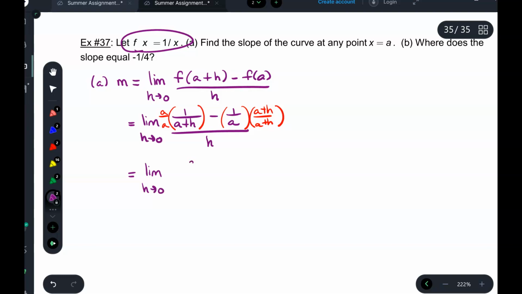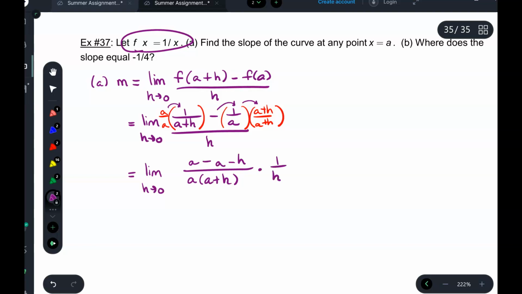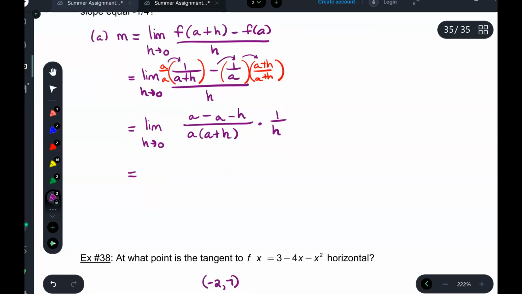If I multiply that out, I'll get a, and then if I multiply this next part, I'll have minus, and then distribute a minus h over a times a plus h. That was our common denominator. Instead of dividing by h, it's the same as multiplying by the reciprocal, 1 over h.